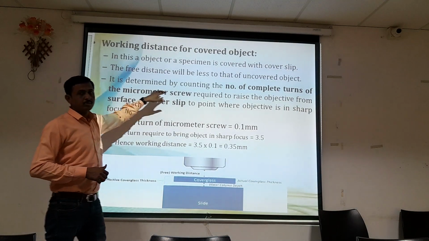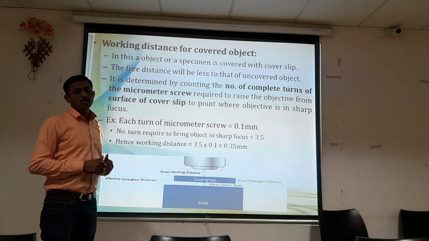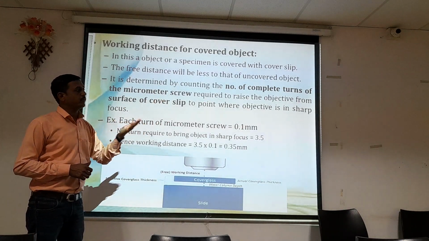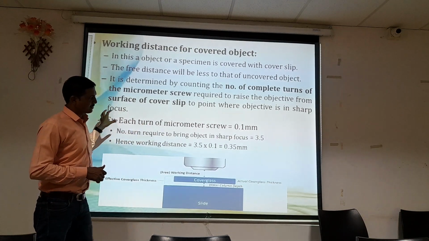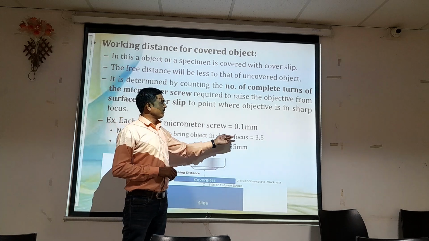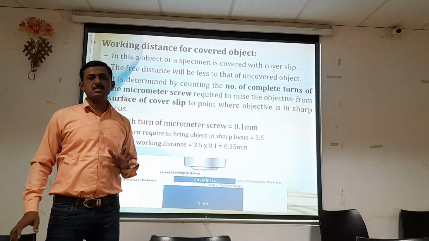It is determined by counting the number of complete turns of the micrometer screw required to raise the objective from the surface of the cover slip to the point where the objective is in sharp focus. Here one turn is 0.1 mm, and we required 3.5 turns to focus the objective sharply.